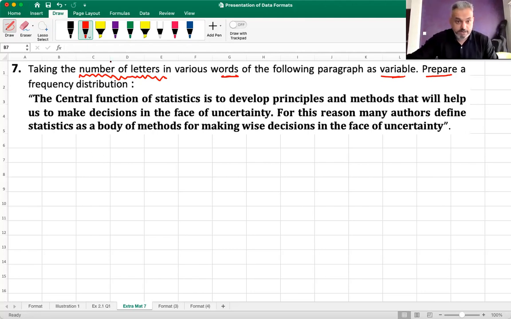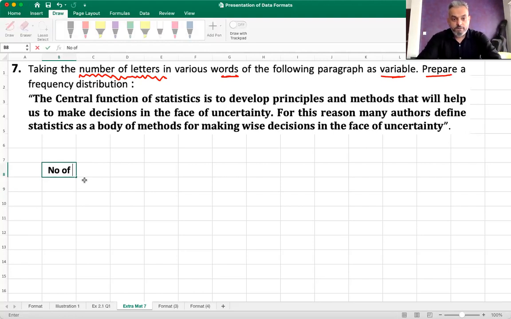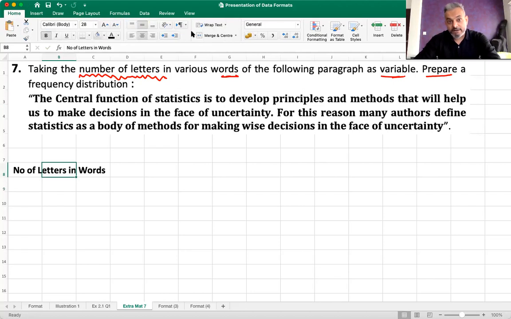Your variable is number of letters in words. This is your variable, number of letters in words. ऐसा दिया ही है कि number of letters in words are your variable.